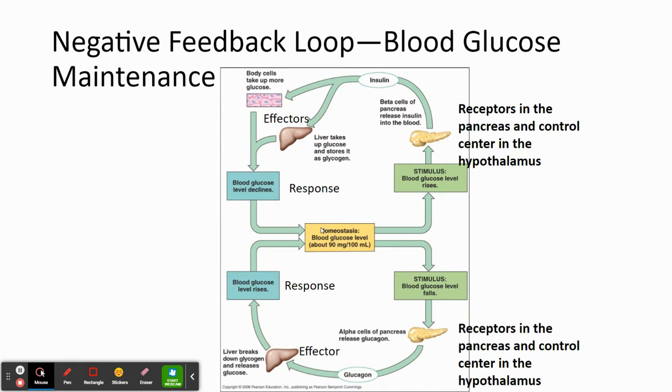So once again, you eat a meal, your blood glucose levels are going to go up. Cells in the pancreas and in your hypothalamus will sense that increase in blood glucose, then signals will be sent to specialized cells, beta cells in the pancreas, which then release insulin into the bloodstream. The insulin will travel to muscle cells and to the liver.